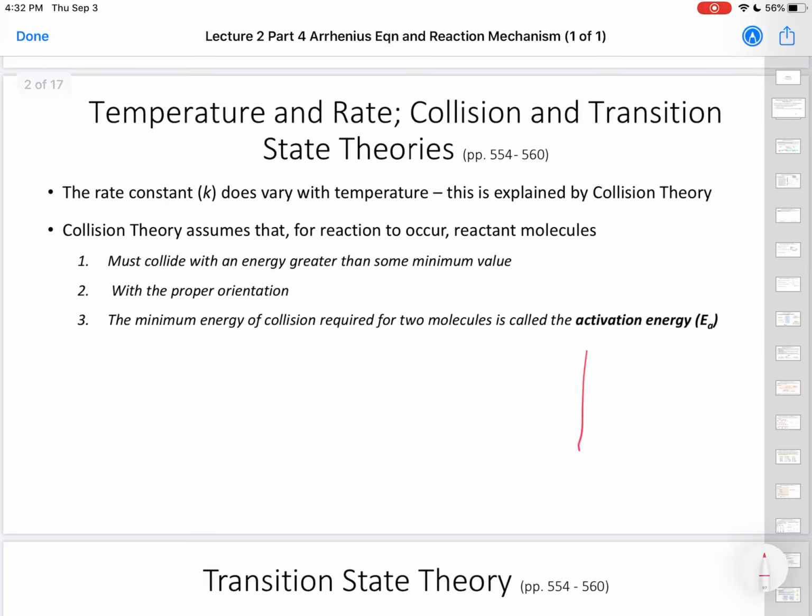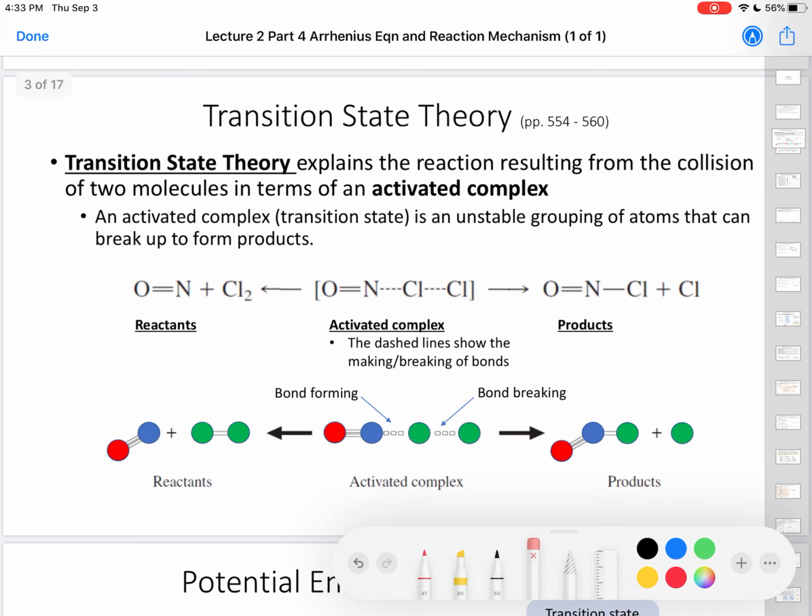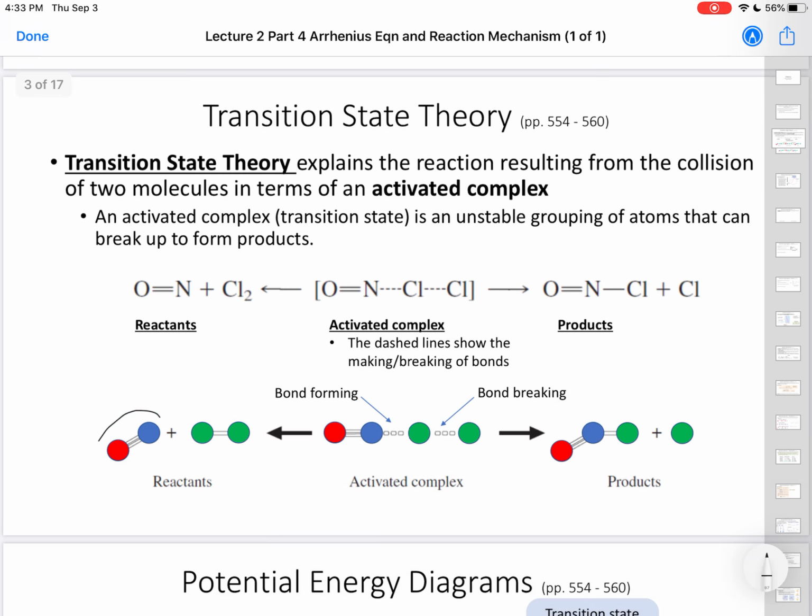We're going to look at something called transition state theory, and it basically explains the reaction resulting from the collision of two molecules. Let's say you have a molecule here, this is NO, or ON, and this is Cl2. Let's say this molecule collides in such a fashion where the blue ball and the green ball collide together.